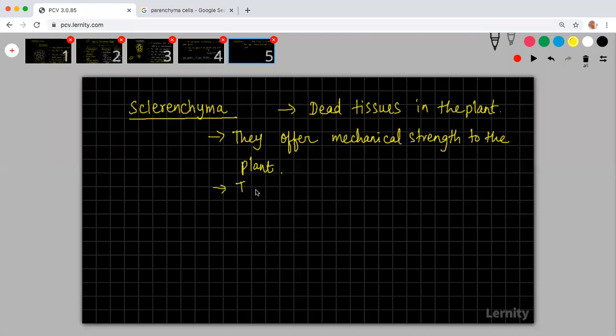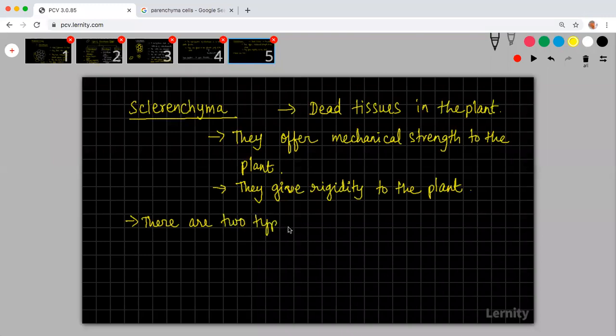They give rigidity to the plant. Okay, there are two types of sclerenchyma.